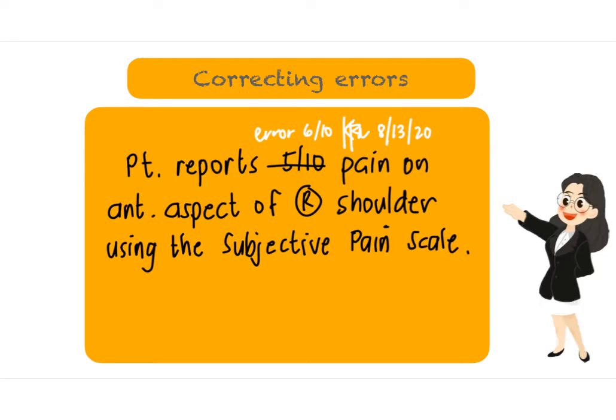Okay, so you write the word error so that another healthcare professional would know that 5/10 is an error. And then you write the correct finding, which is instead of 5/10, it's 6/10. And then you countersign, and then you write the date at which you corrected the error. Again, you write the word error, you write the correct entry, you countersign, and then write the date.